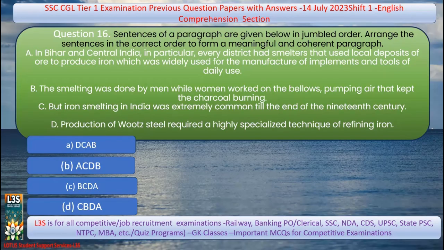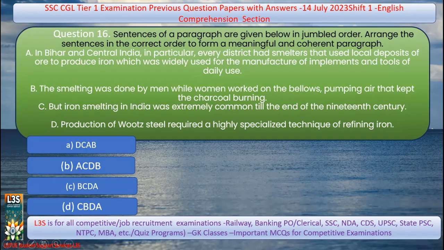B. The smelting was done by men, while women worked on the bellows, pumping air that kept the charcoal burning. C. But iron smelting in India was extremely common till the end of 19th century. D. Production of wood still require a highly specialized technique of refining iron.